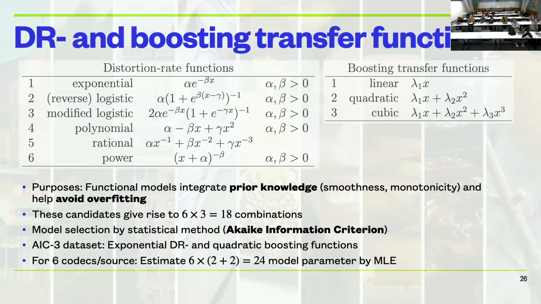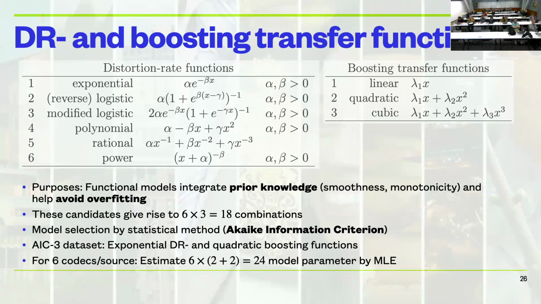And so the purpose of all this is that these functional models have an advantage with respect to the canonical modeling, where you have one scale value per image independently of the others. So this integrates prior knowledge. For a good codec, it should be that when you increase the bit rate, the quality gets better. So this is an assumption that's built in here.